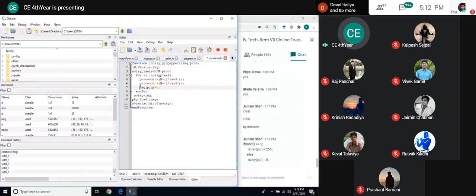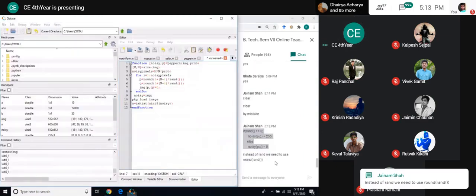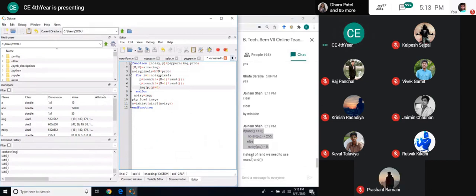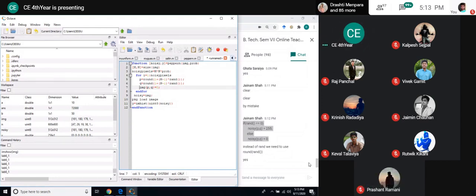If random is equal to 0, it is 255, else it is 0. Fine, it will work. Let us keep that. But if you want to predefine values of p, we will use round. If you use round on random, won't all the values again have probability 0.5, because values are uniformly distributed between 0 and 1? So it will be probability 0.5 if I'm using round there. Go with some other idea.